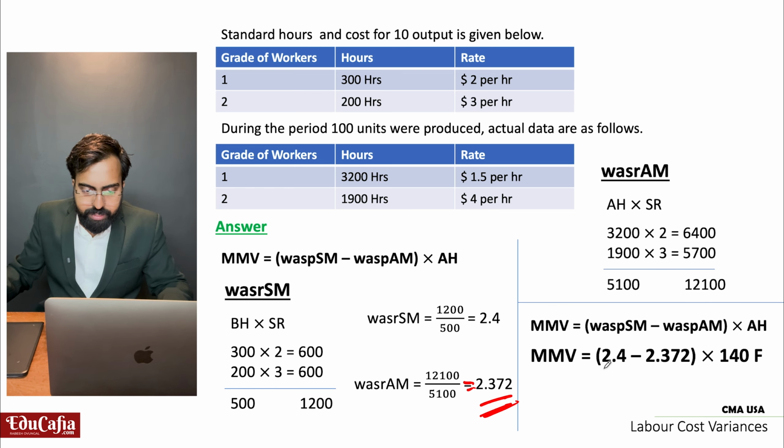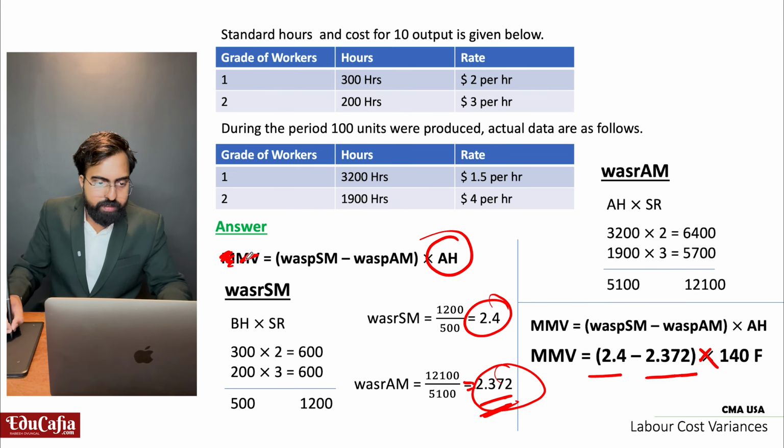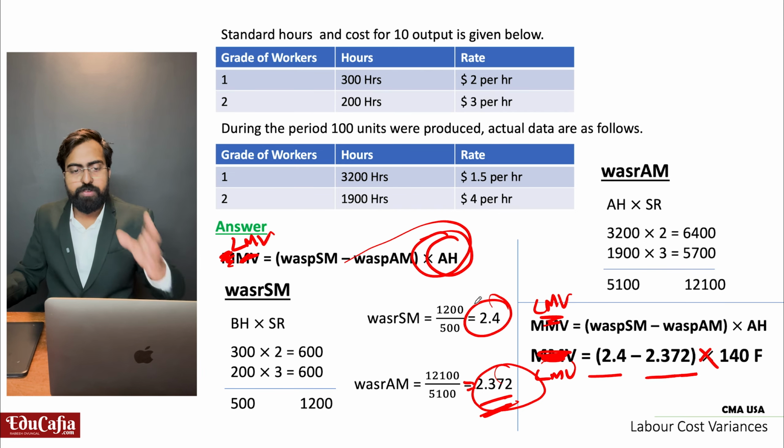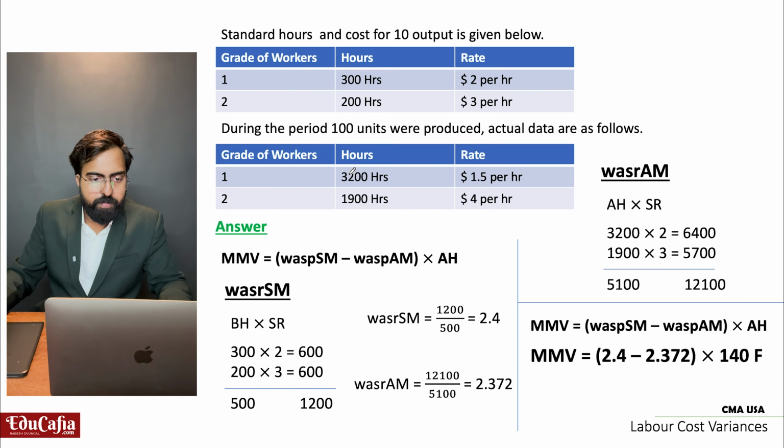Then what is the difference between them? 2.4 minus 2.372 into the actual hours. This is not material mix variance, this is labor mix variance, okay? What are the actual hours? 3,200 plus 1,900, 5,100, right?